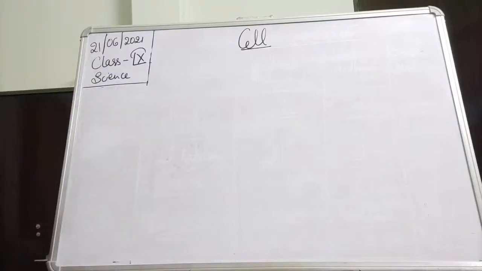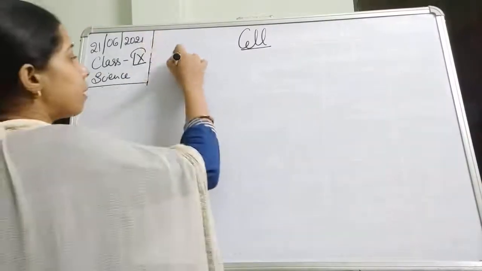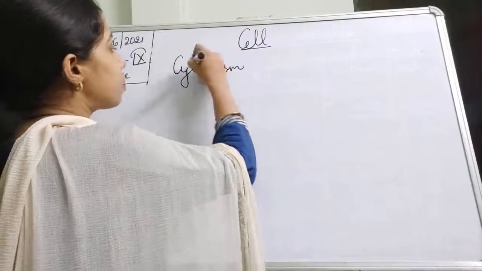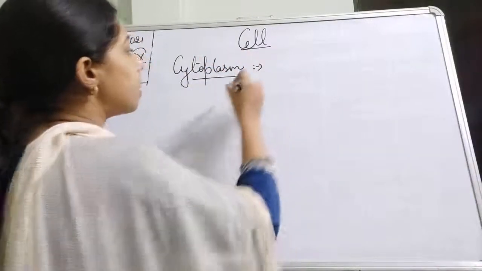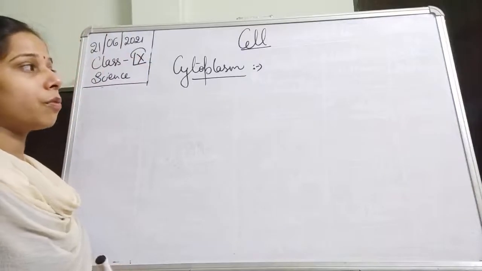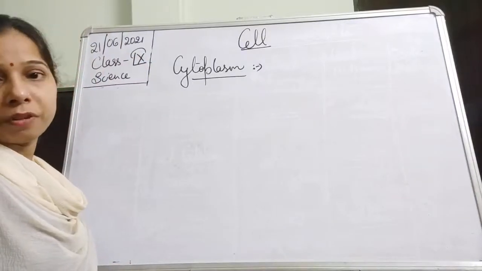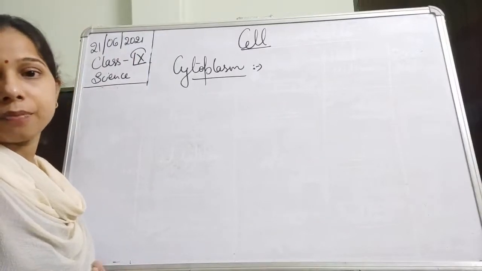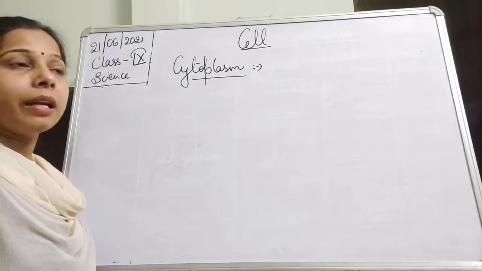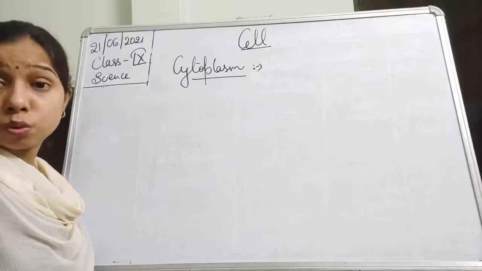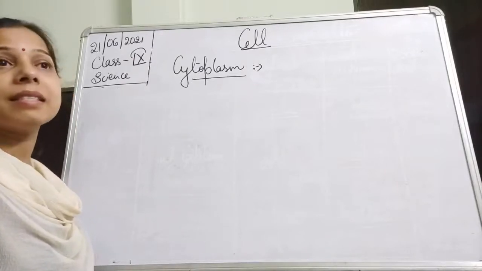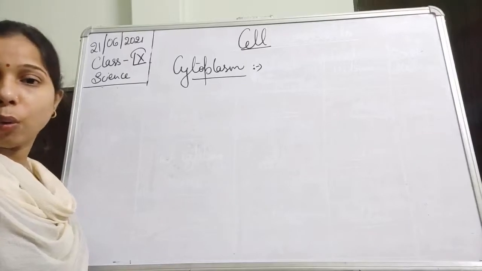The next thing that we were talking about student was cytoplasm. What is the cytoplasm? Cytoplasm is a fluid which is present inside the cell. Here in this one, cytosol is there, and in the cytosol a lot of various cell organelles flow.